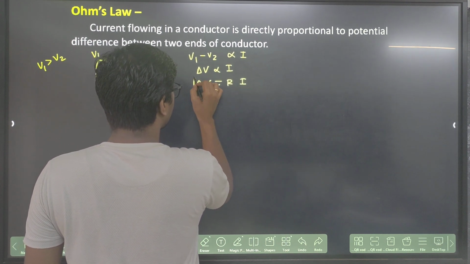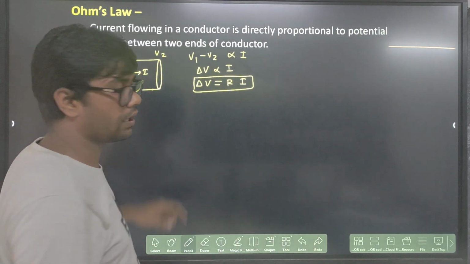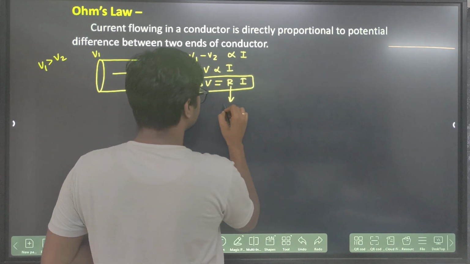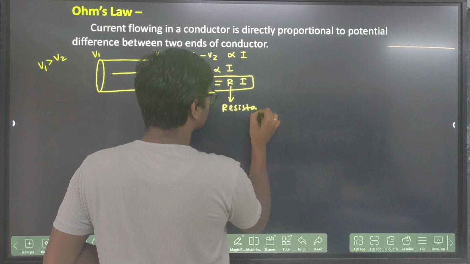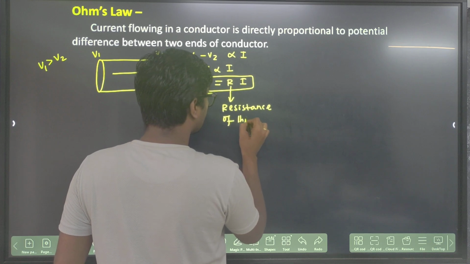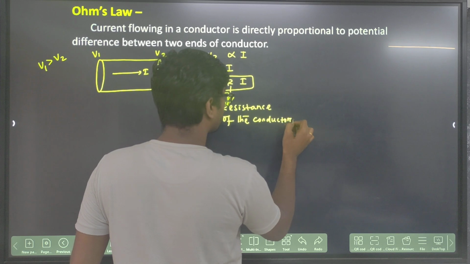R is what? R is resistance of the conductor. R is a proportionality constant and it is the resistance of the conductor, right?